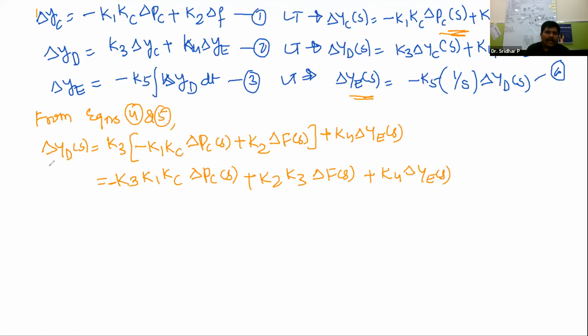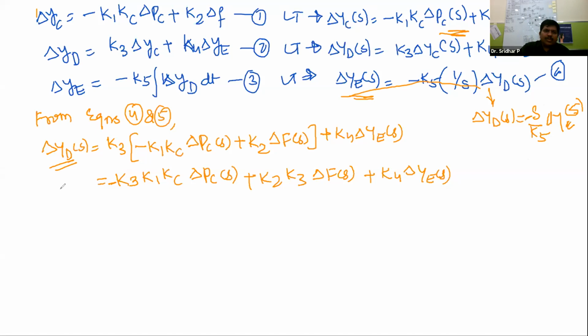Now, whatever the yd of s is, from this expression if you observe, delta yd of s is equal to s by k5 into delta ye of s, with a minus sign. So from this expression, delta yd of s equals s into delta ye of s by minus k5.